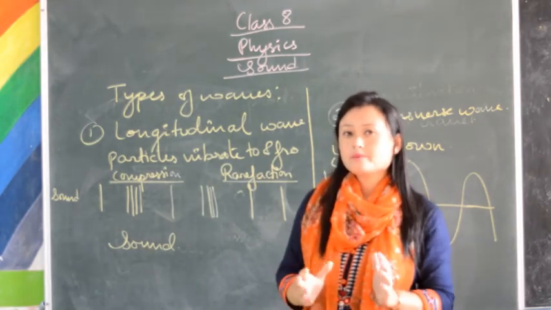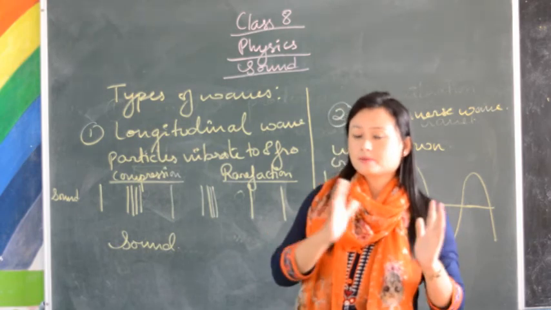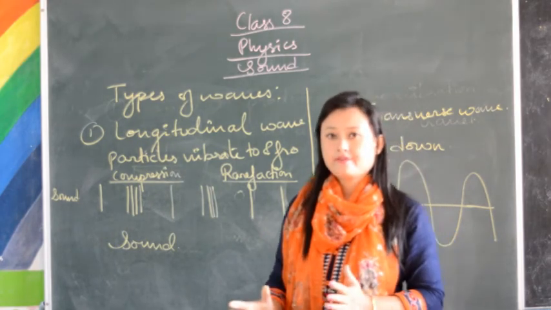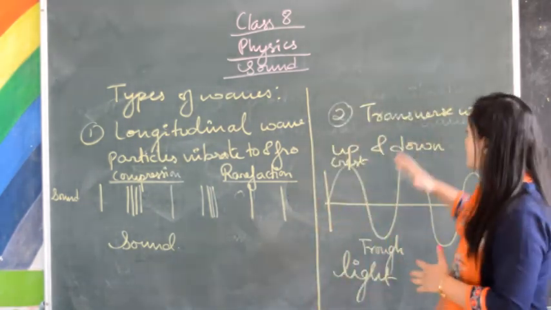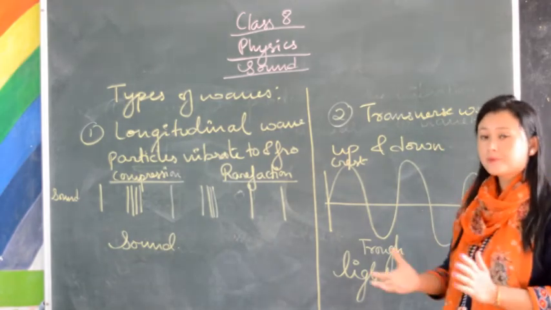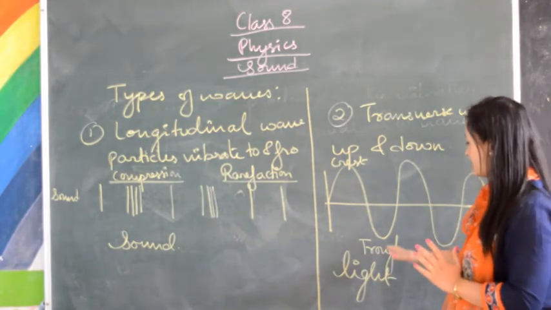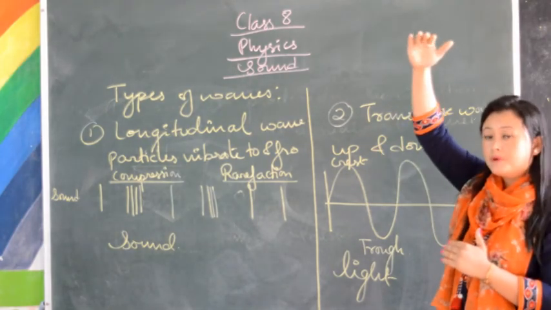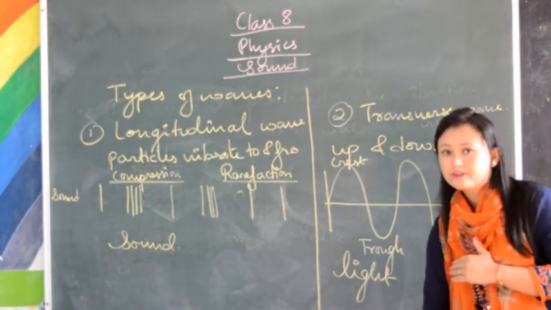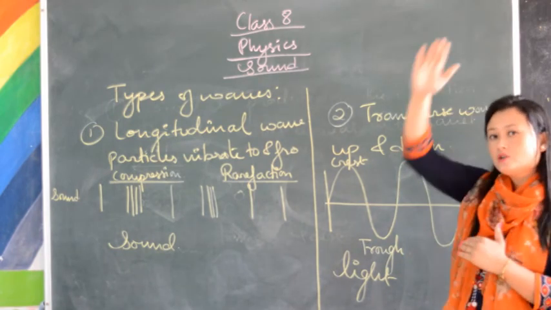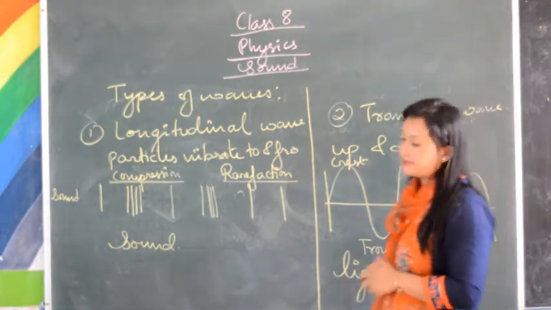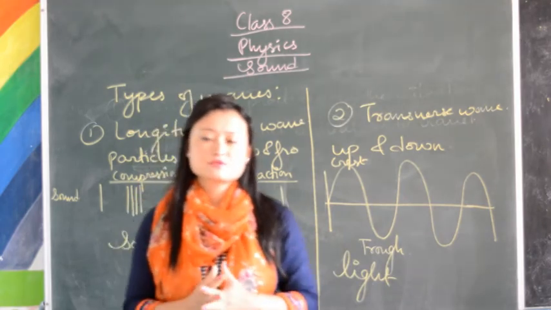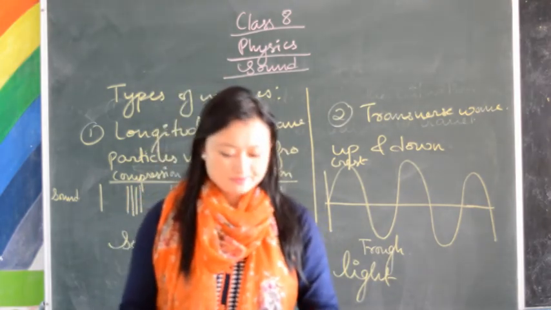So longitudinal wave comprises a series of compression and rarefaction, whereas a transverse wave comprises a series of crest and trough. Crest means when the particles vibrate up, and trough means when the particles vibrate down. These are the differences between transverse wave and longitudinal wave.